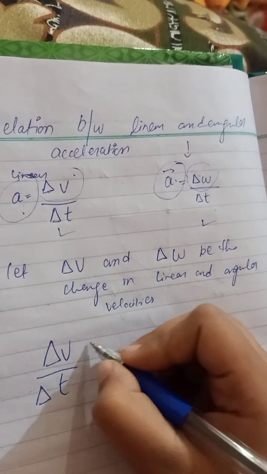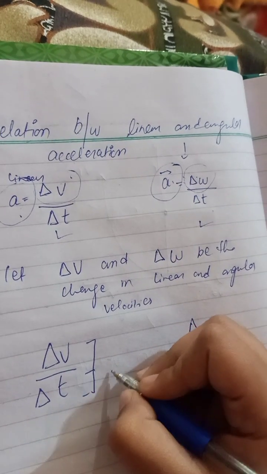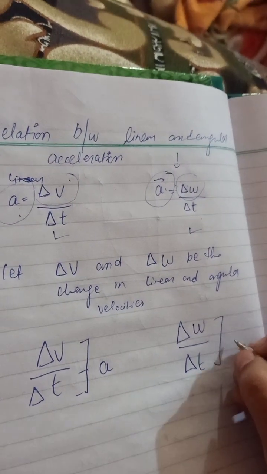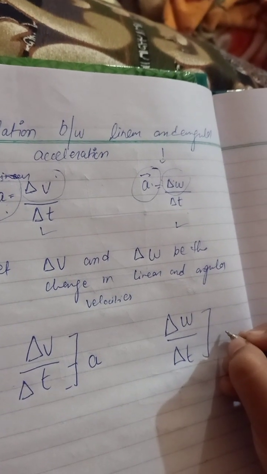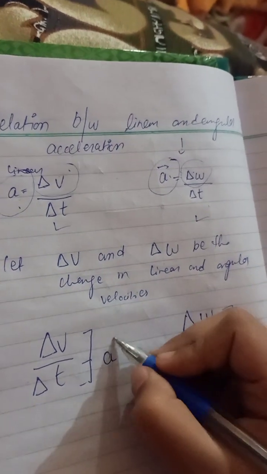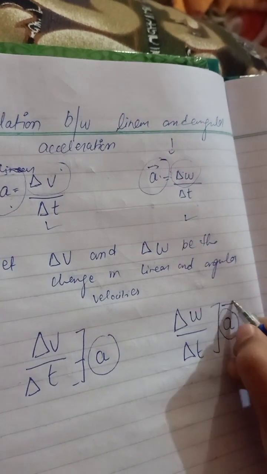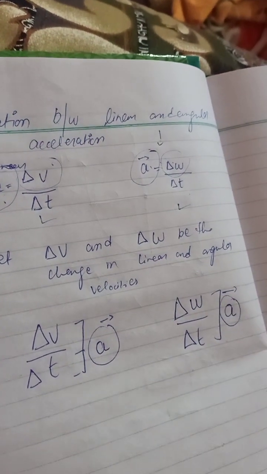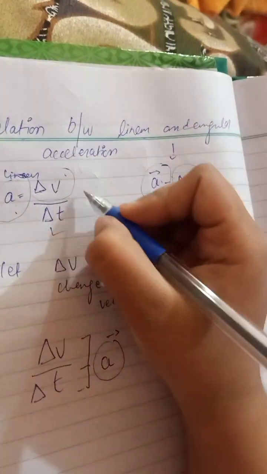Okay, so this is equal to what? This is equal to the linear acceleration, and this is the angular acceleration. So I can write over here that r was the radius.